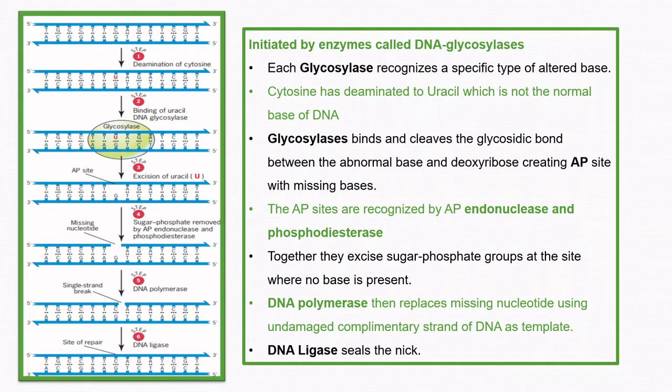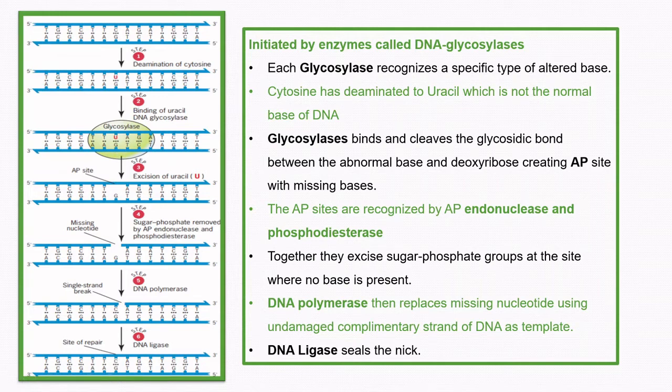Now, let us see how the base excision repair mechanism takes place to remove this uracil from the DNA strand and replace it with a correct base. And this mechanism works on the principle of cut, copy and paste. Now see how it works. Like I just told you, the enzyme glycosylase recognizes the abnormal base. Here in this case it is uracil.